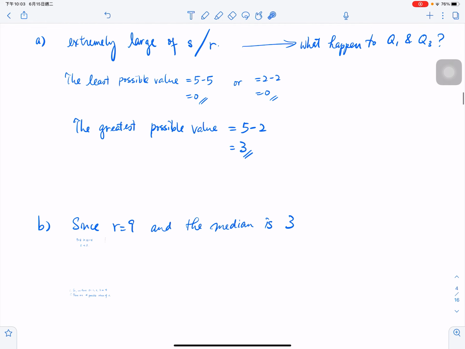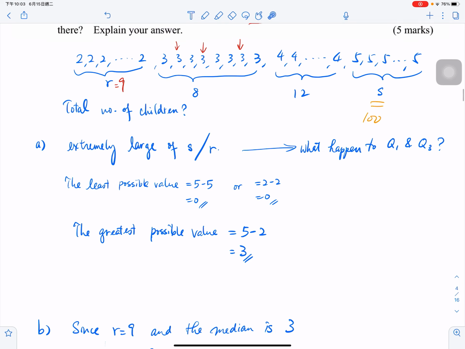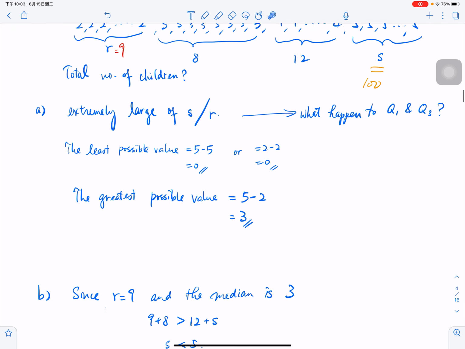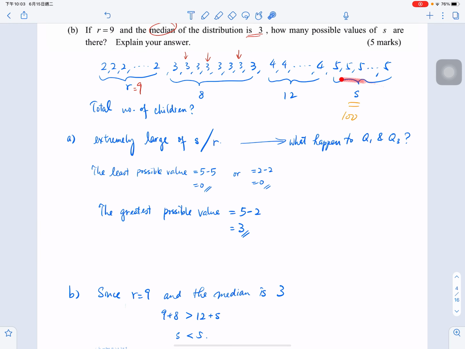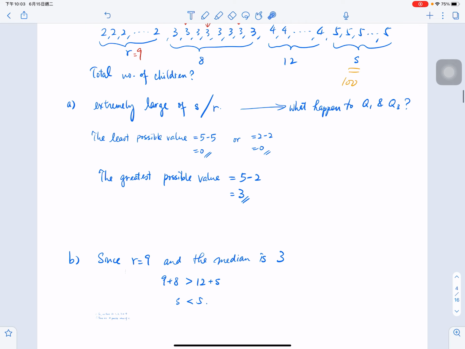So you find that 9 plus 8 is greater than 12 plus S. 9 plus 8, and then greater than 12 plus S. So you see that S is smaller than 5.